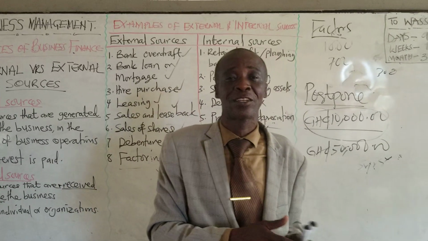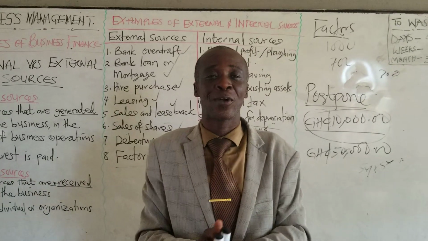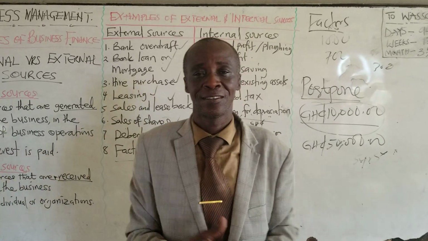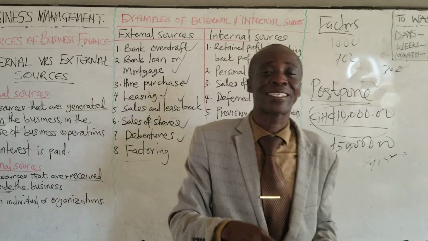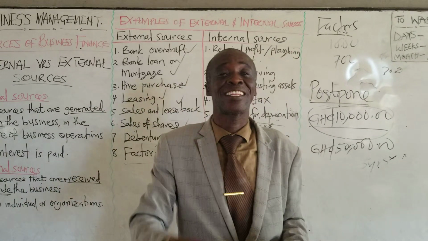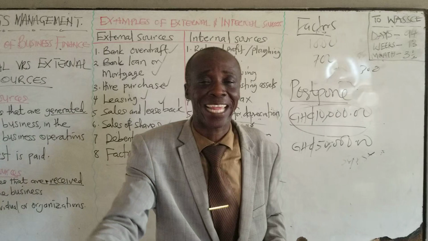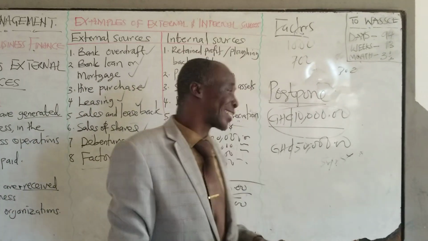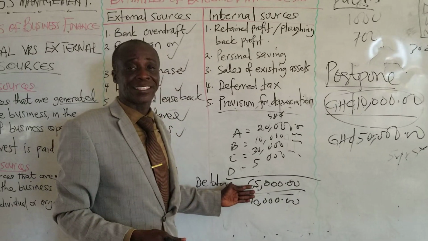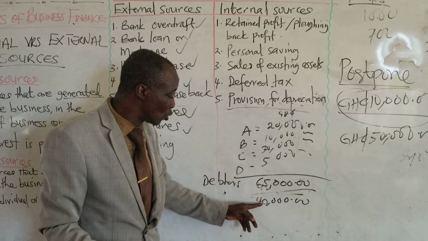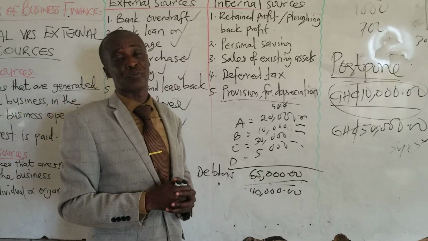So in accounting, when they say accounts receivable, it's the same as saying debt. So in other words, it's the process of selling your debt to a factor. Once the factor buys, you can use the money for your business operations.